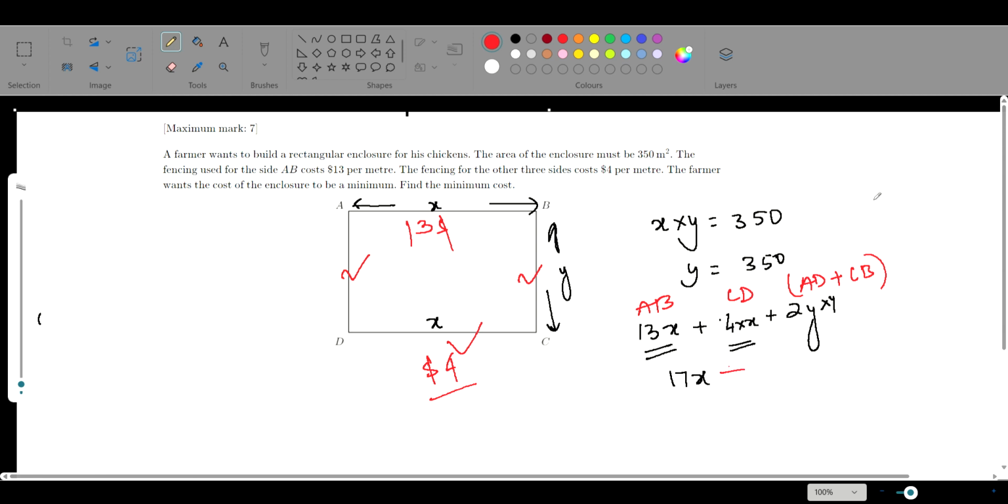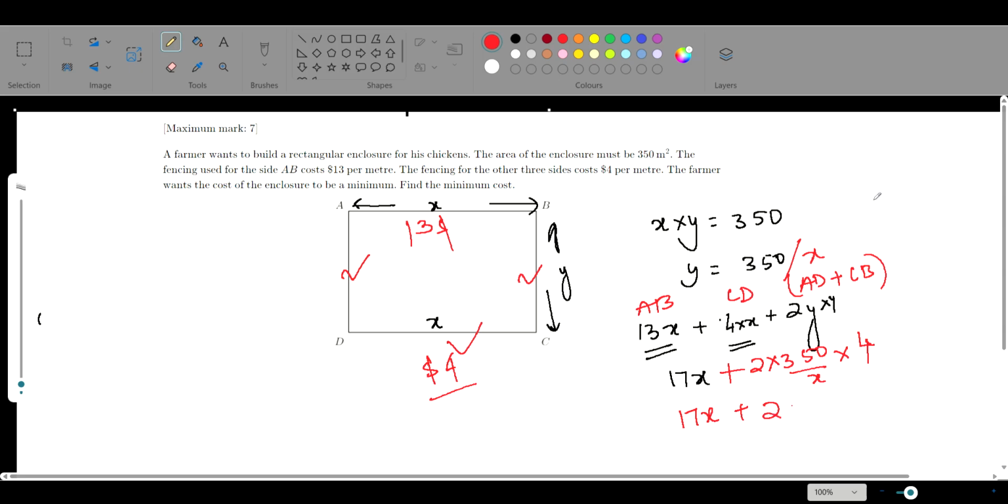So what is the Y? Y is 350 upon X, times the 4 which is here. So the expression that I'm getting is 17x plus 350 times 2 is 700, 700 times 4.